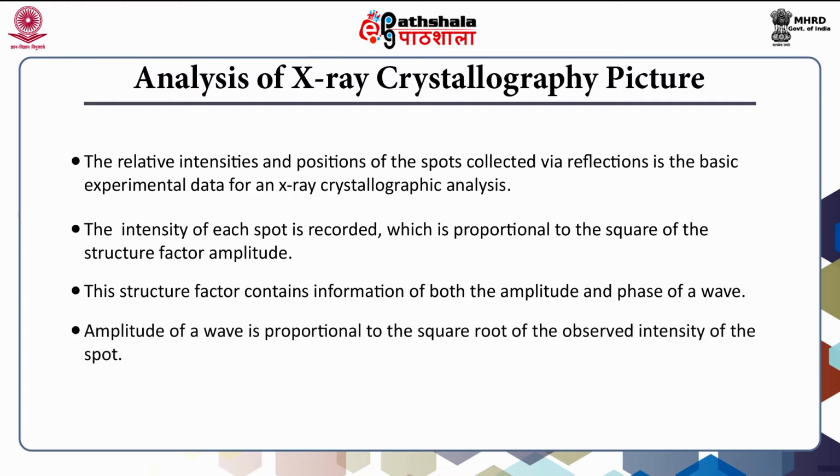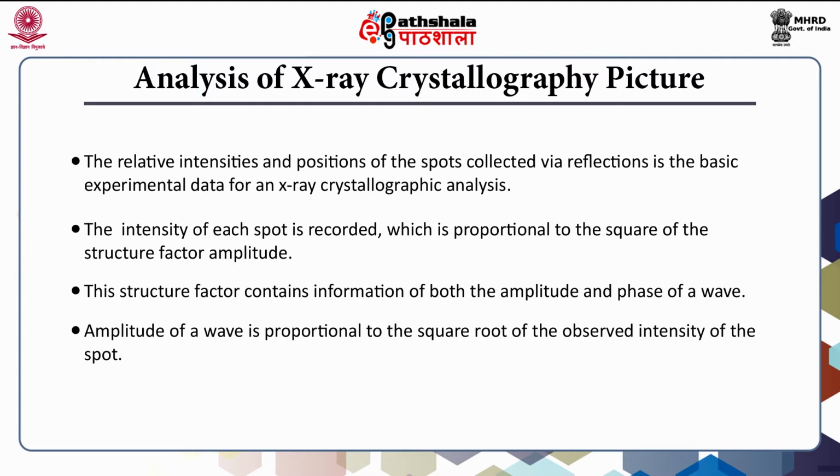Each reflection or each spot is formed from a wave with an amplitude proportional to the square root of the observed intensity of the spot. What does it mean? When you see that picture of X-ray crystallography on the X-ray detector film, we have a spot. How dark that spot is, that is the intensity of the spot.